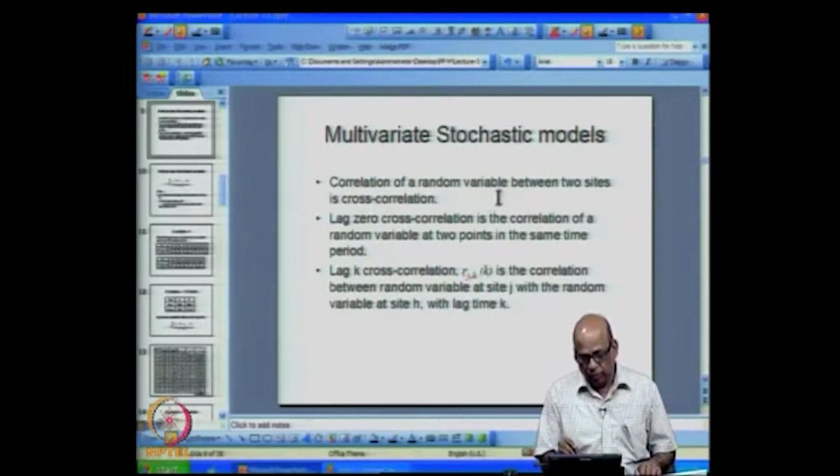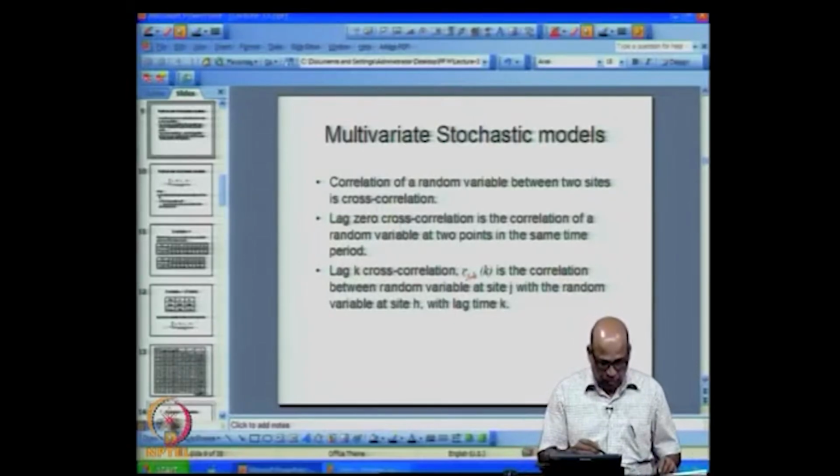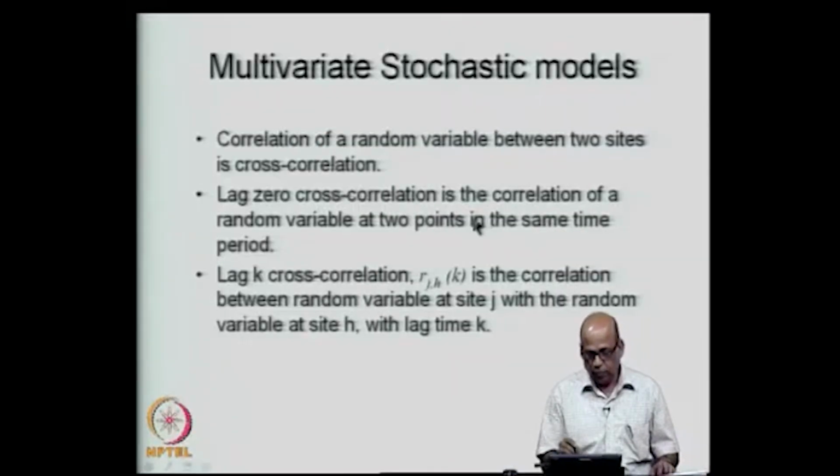Correlation of a random variable between two sites is cross correlation, this is what we have seen. Then lag 0 cross correlation is the cross correlation at 2 points on the same time period.